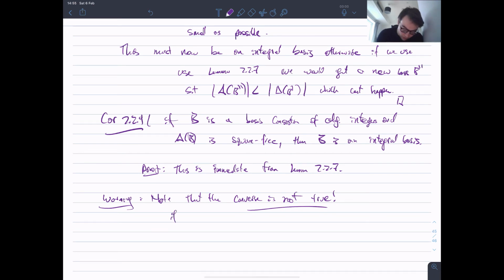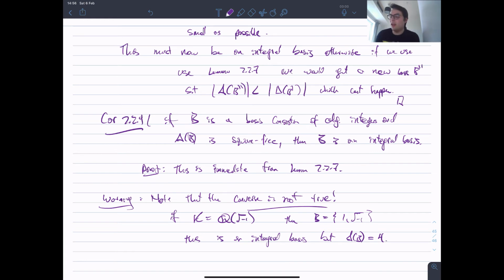Example: if you take the Gaussian integers Q(square root of minus 1), then if you take this basis 1 and the square root of minus 1, maybe call that i, this is an integral basis. But the discriminant of B is 4, or minus 4 actually.